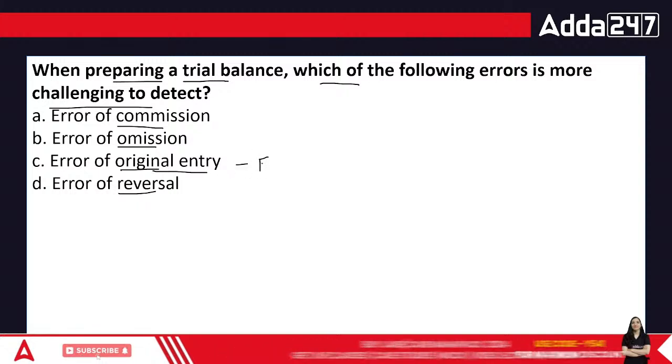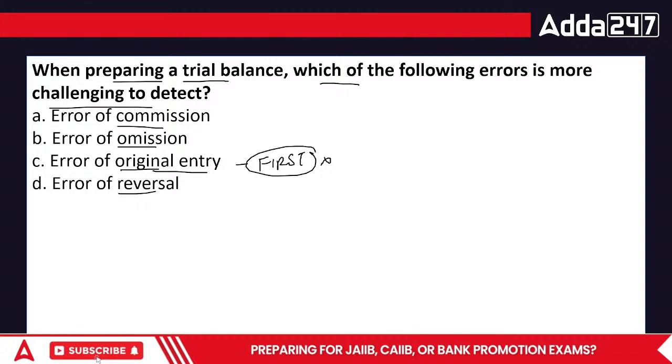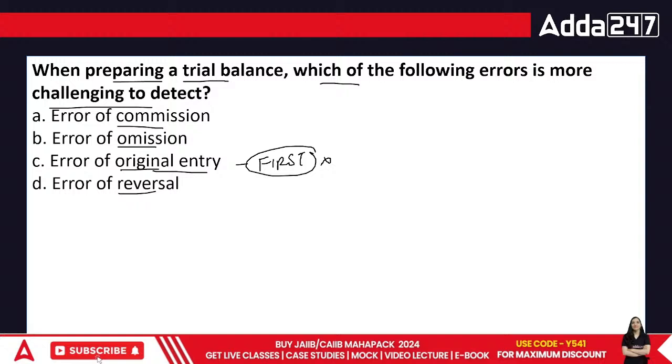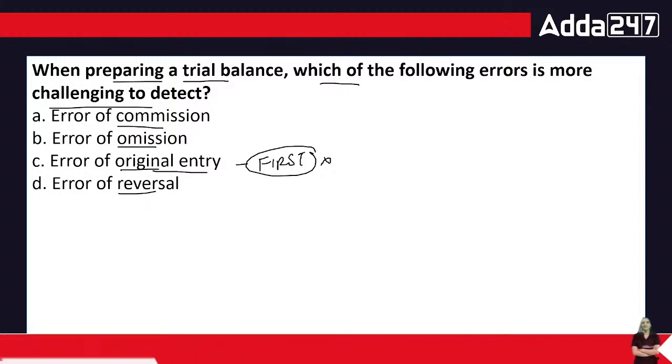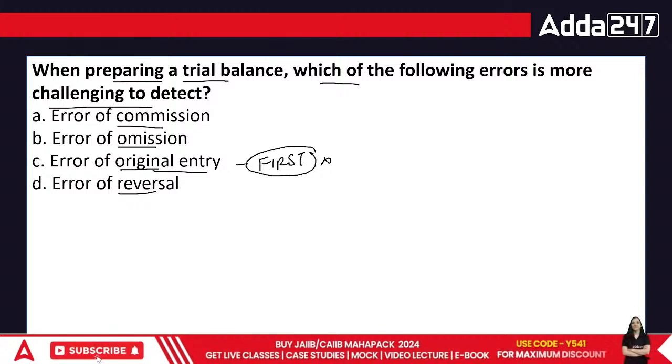If the first entry that you were recording went wrong, then whatever you try, once it's wrong, everything is down the drain. Your entire working will definitely be affected badly, right? So in this case, what would be the answer?